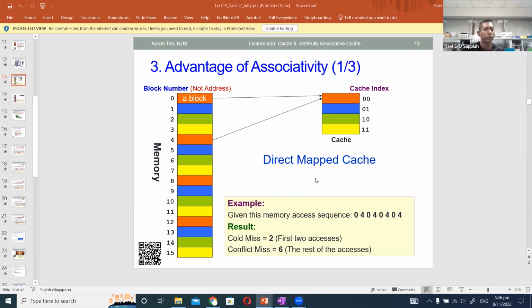The rest should be considered conflict misses. The cold miss should be only the first access. Subsequently, the rest is all conflict miss because they all come back to the same cache index.